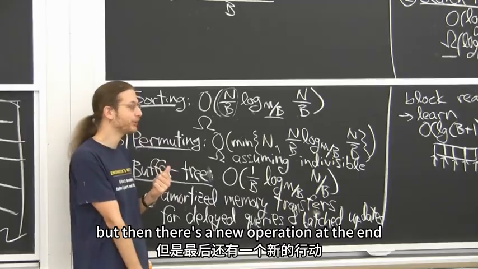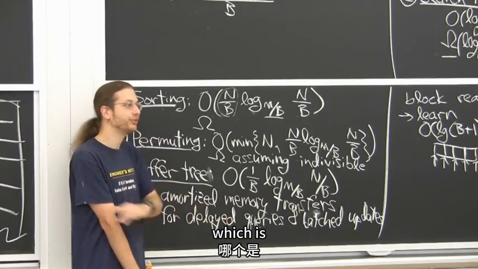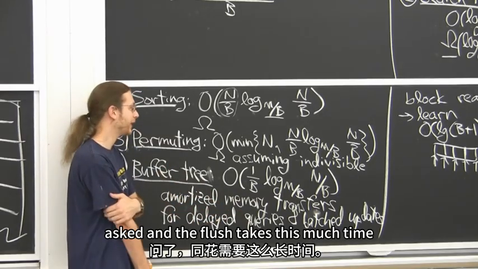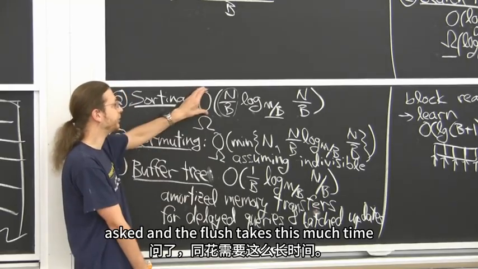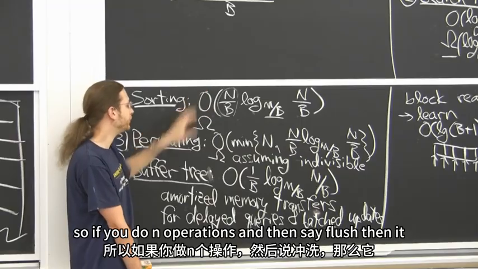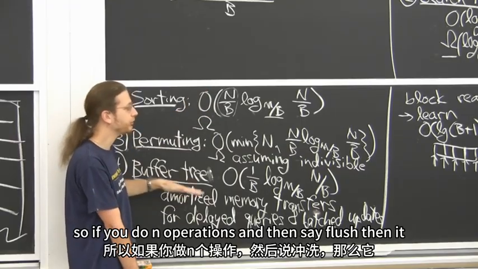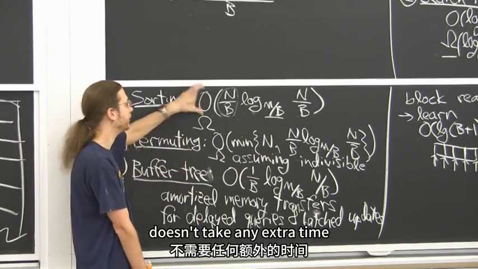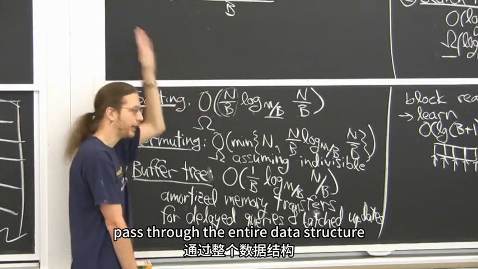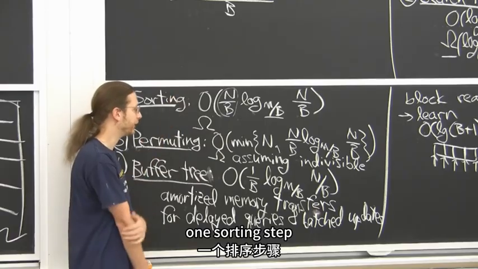But then there's a new operation at the end, which is flush, which is give me all the answers to all the questions that I asked. And the flush takes this much time. So if you do n operations and then say flush, then it doesn't take any extra time. It's going to cost one sort of pass through the entire data structure, one sorting step.